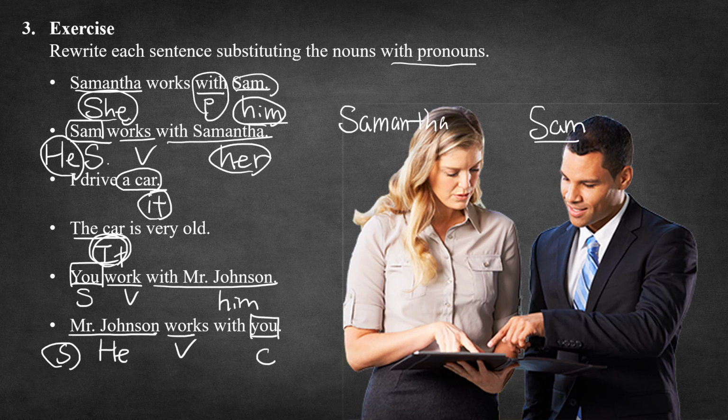Again, this is an object, but this you and this you, they look alike. In this case still, by the context or position of the word, you can tell this is the subject and this is the object.